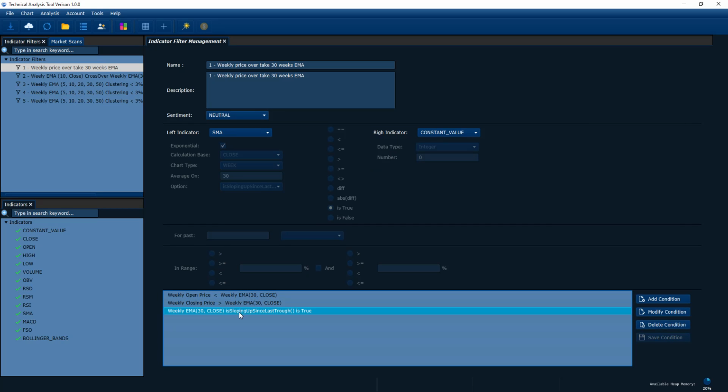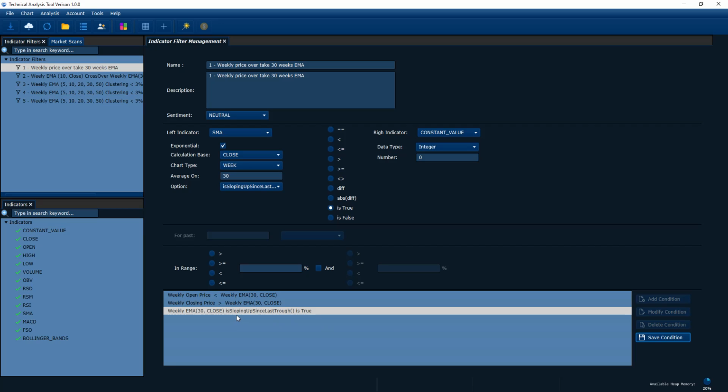So that's what I mentioned before, the direction related function. So we are using "is sloping up since last 12". As you can see, we want to see a share price jumping from below 30 weeks EMA to above 30 weeks EMA, and also, I think that's very obvious, the 30 weeks EMA itself has to be moving up.